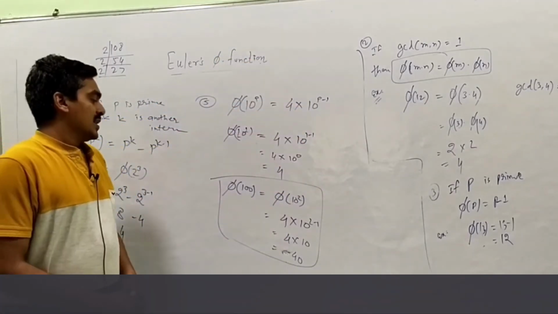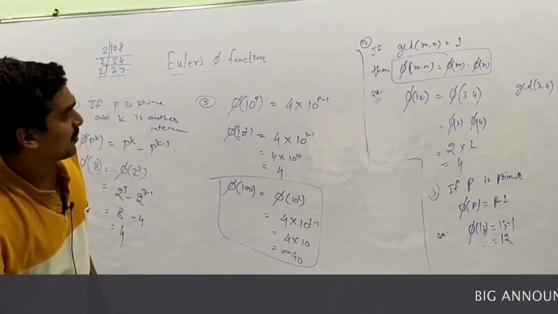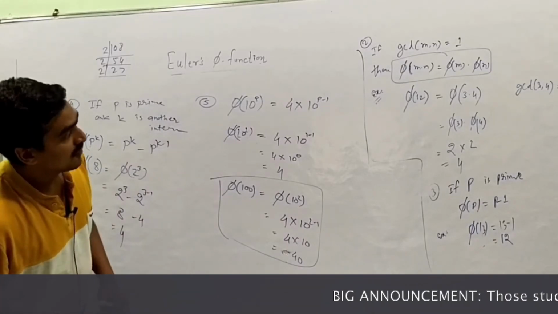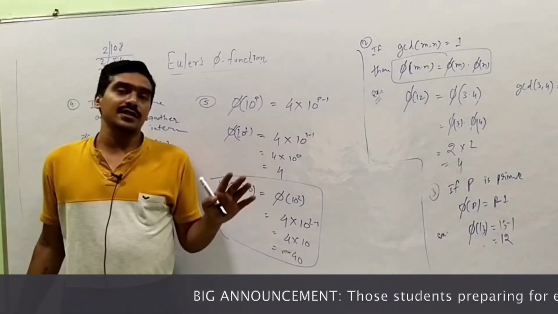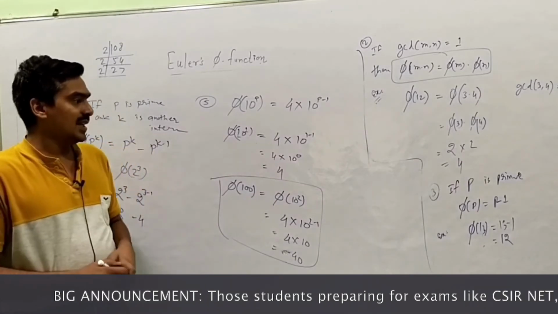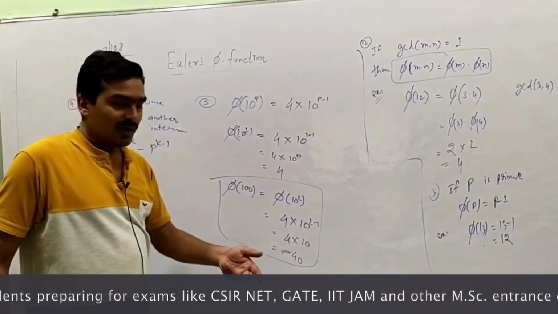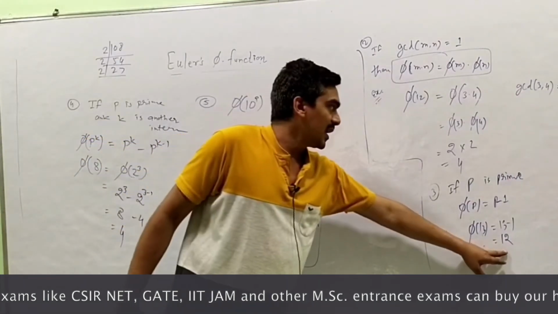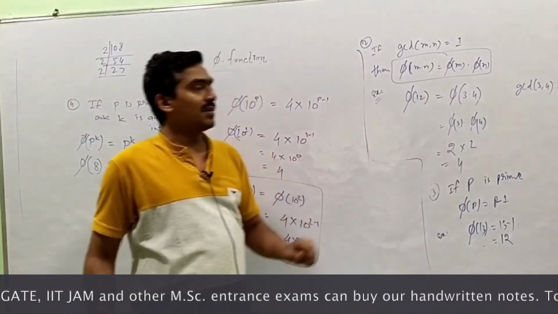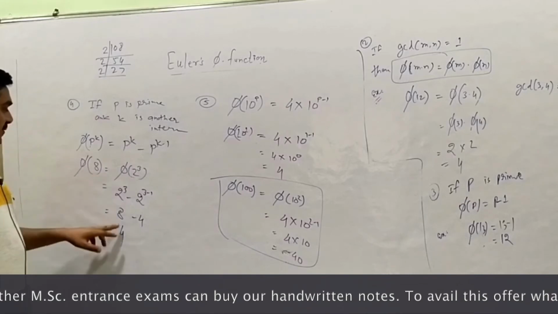The next very important property is that the phi function is always even. You can see all the values of phi are even numbers: 40, 4, 12, 4 are all even.